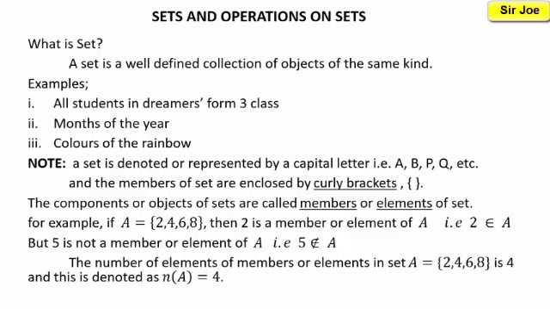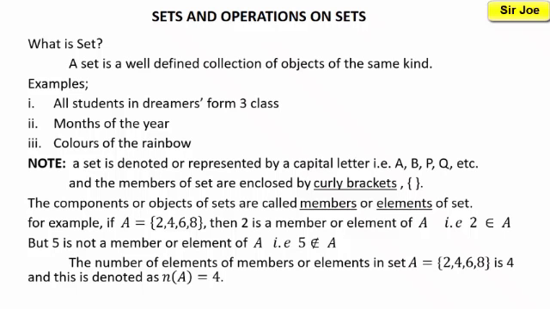For example, if we have A, which is {2, 4, 6, 8}, then automatically you can see that 2 is a member or an element of A. It means 2 belongs to A. 2 is in A. So that's what is termed an element or a member of a set.